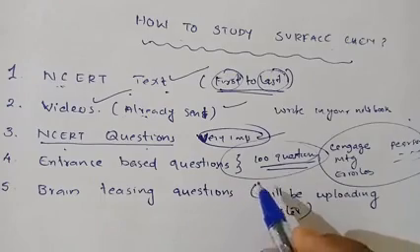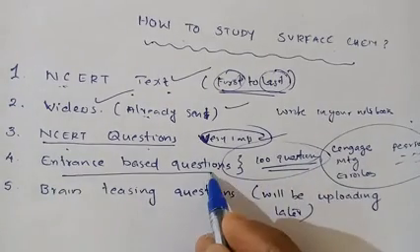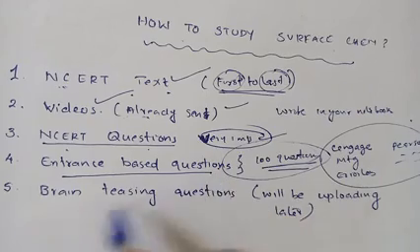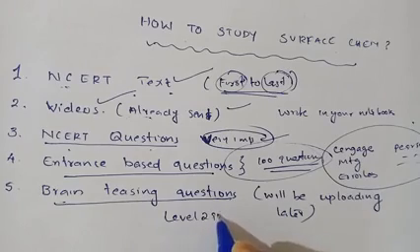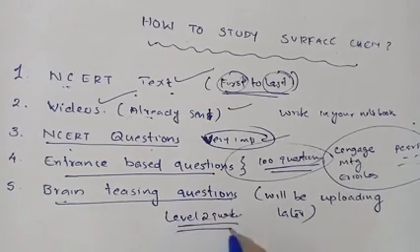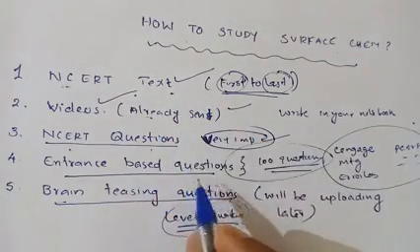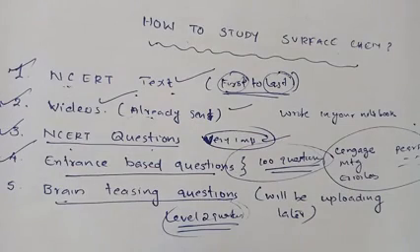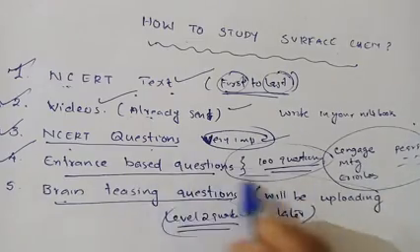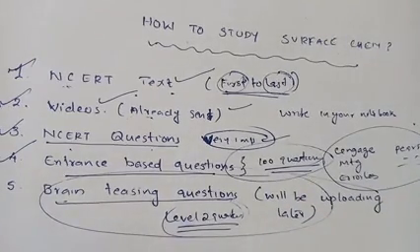Try to do the maximum number of entrance based questions, level 1 questions. Now brain teasing questions are there, level 2 questions. This should be done only after these four things. So first you think about 1, 2, 3 and 4. Clear? Then only should you move to the brain teasing questions.